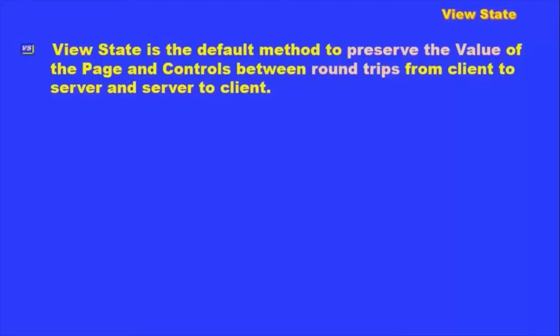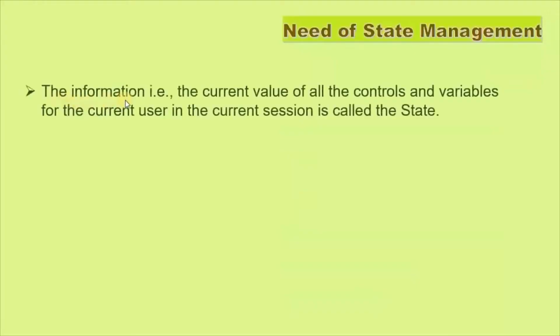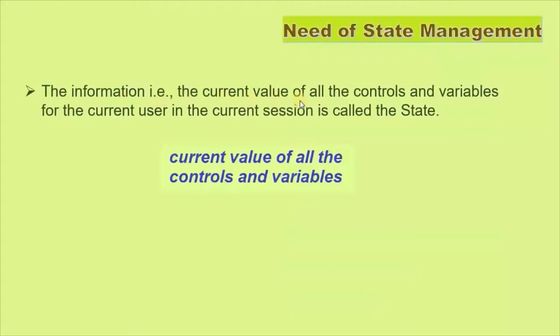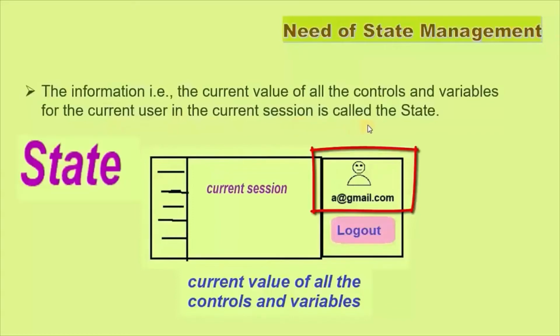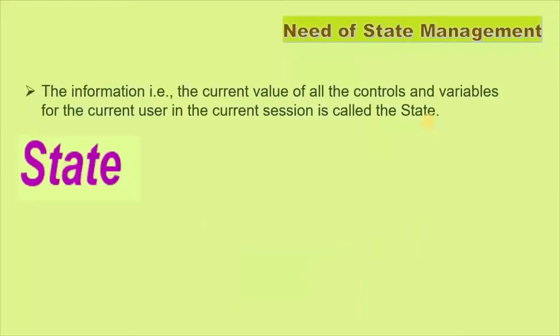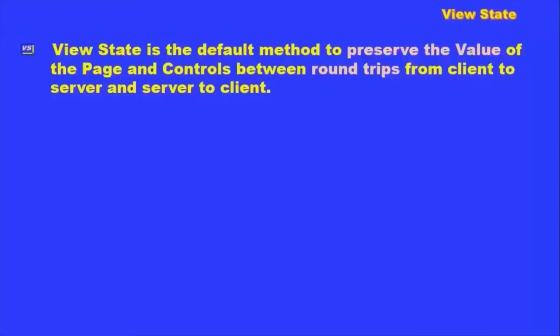And state means the information, that is the current value of all the controls and variables for the current user in the current session is called the state. So in short, state means values.